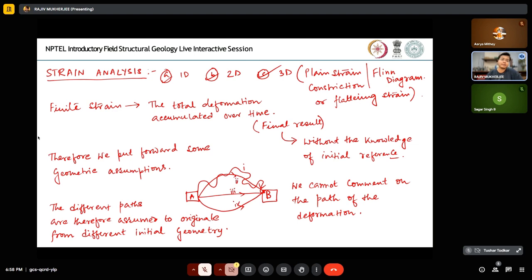Then again, if we imposed that the initial geometry was also very complicated, we could not even analyze how much deformation had taken place. So because of that, we impose certain rules through which we simplify the initial geometry in reference to the deformation.